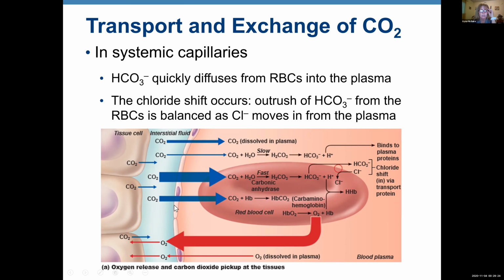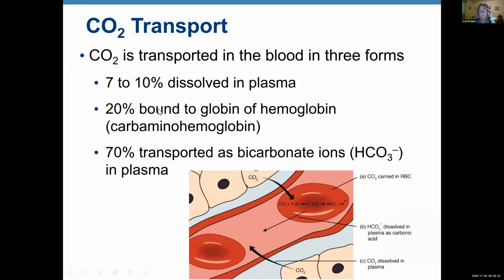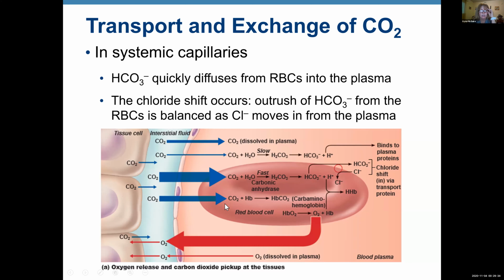Most of the carbon dioxide actually enters the red blood cell, right? And you can see what happens. Some of it, what is this percentage? 20% binds to hemoglobin and forms carbaminohemoglobin, right? And most of it, 70%, is converted into bicarbonate inside red blood cells.